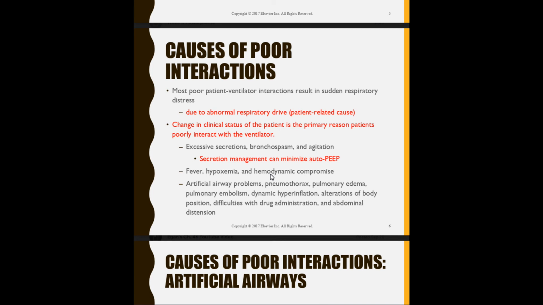All right, so I try to breathe in. I might not be getting enough oxygen because of the turbulent flow due to secretions or bronchospasms. And so therefore, when I try to breathe out, I can't breathe out all the air because of the secretions or the bronchospasms. So therefore, that will lead to auto-PEEP. Okay, so we want to get rid of the secretions.